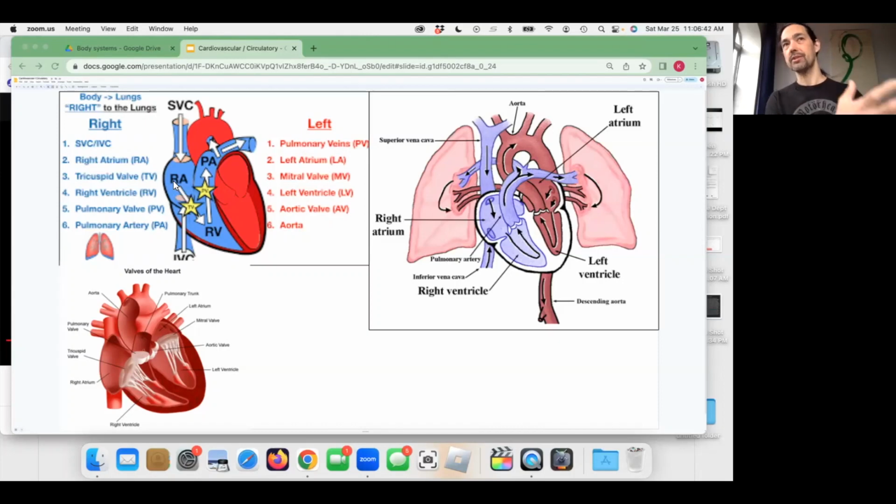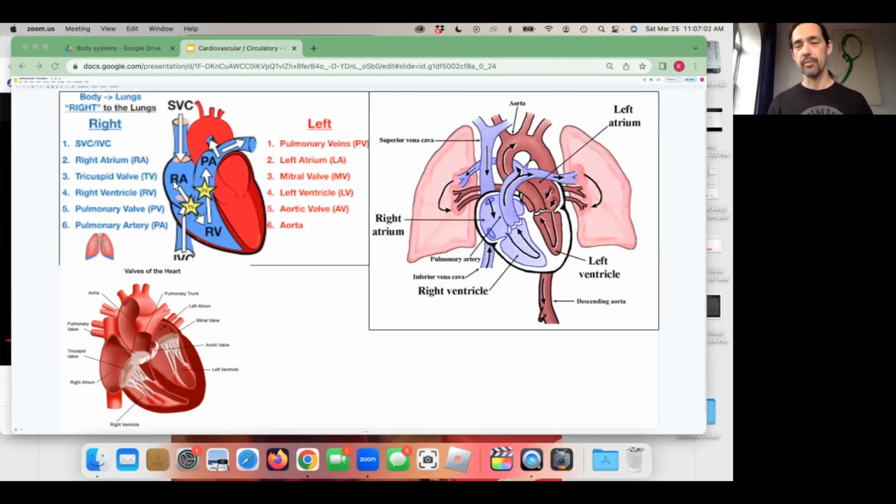The left side receives oxygenated blood and sends the oxygenated blood out to the body. The right side receives deoxygenated blood from the body and sends it to the lungs. The left side receives oxygenated blood from the lungs and sends it out to the body.